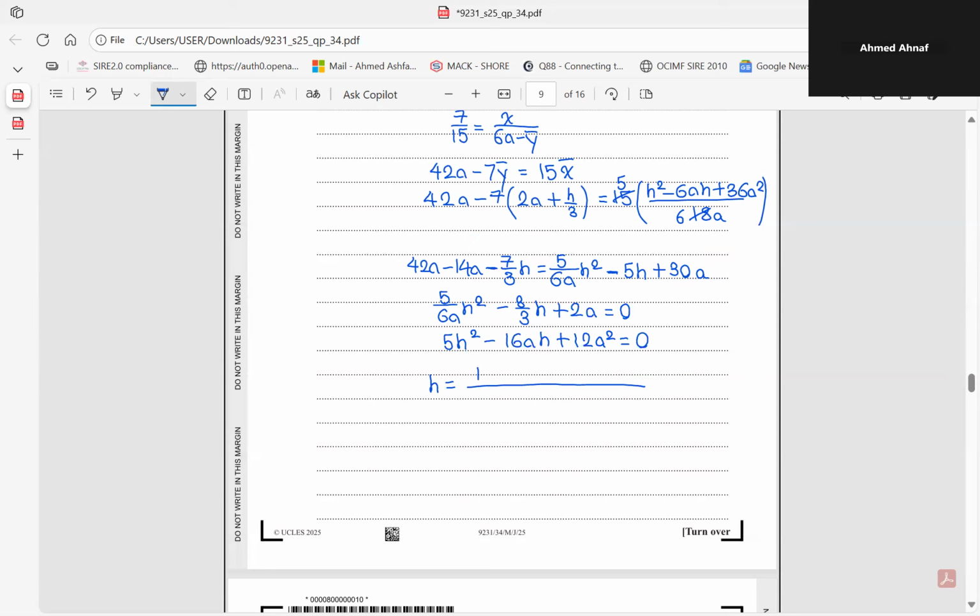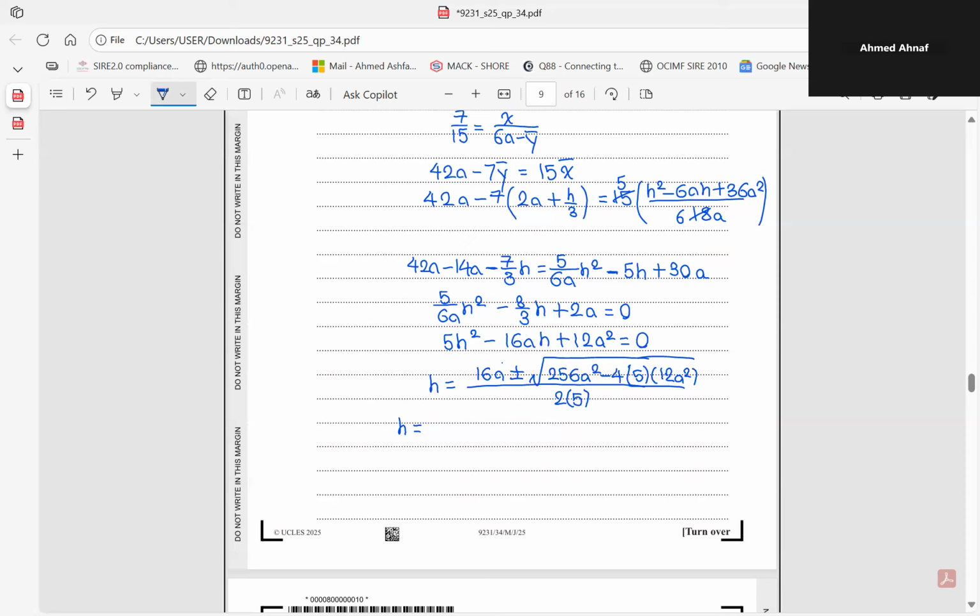So minus b, that is 16a, plus minus the square root of b squared, which is 16a squared, minus 4ac, where a is 5 and c is 12a squared, all over 2 times 5. You would get 256a squared minus 4 times 5 times 12a squared.